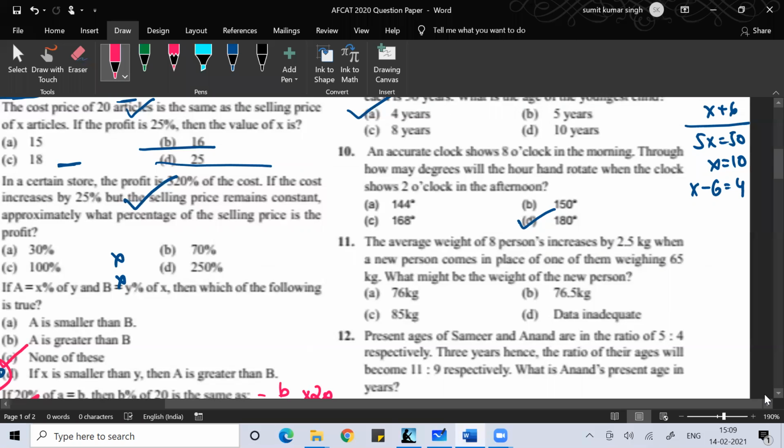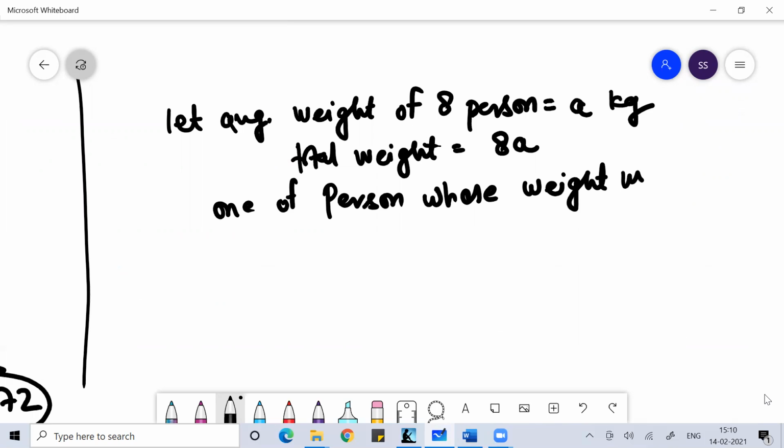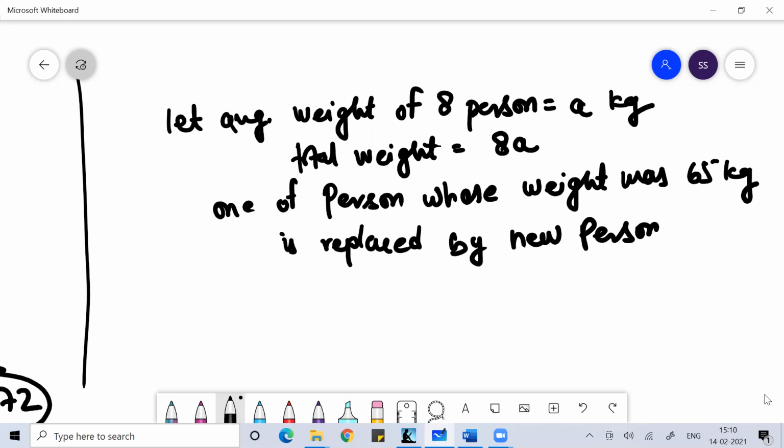One of the persons whose weight was 65 kg is replaced by a new person whose weight is, let's say, x kg.